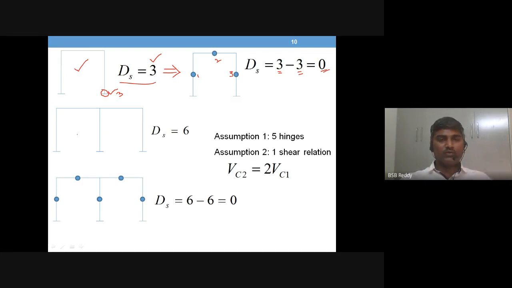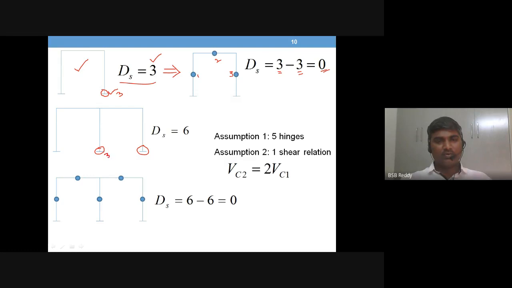So two bay single storied frame. How many excess support reactions are there? 2 extra supports, because even if you remove these 2 supports, your structure is stable, because this is one end fixed, the other ends are free, right? So this is becoming a cantilever by removing 2 supports.